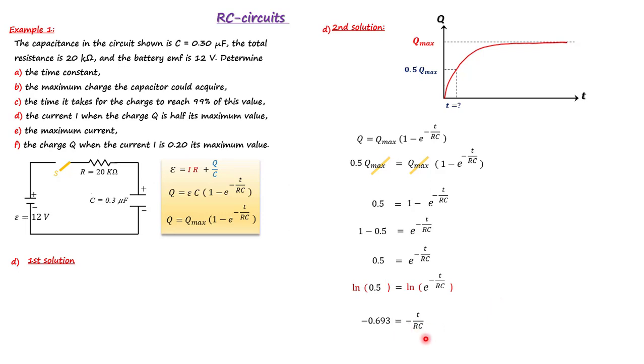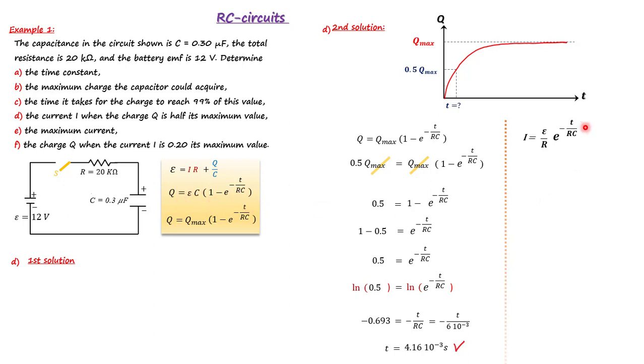And we know the value of RC, minus t over 6 times 10 to the minus 3. So the time here is 4.16 times 10 to the minus 3 seconds. In the next step, I'm just going to use this time to calculate current. Remember, current is epsilon over R times e to the minus t over RC, or just the derivative of this charge here.